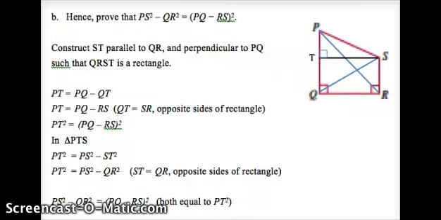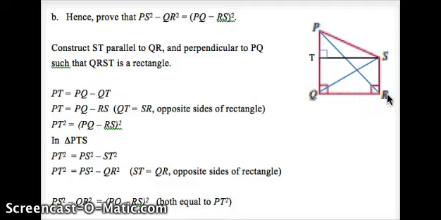Now, we want again to come up with this expression for PS squared minus QR squared.